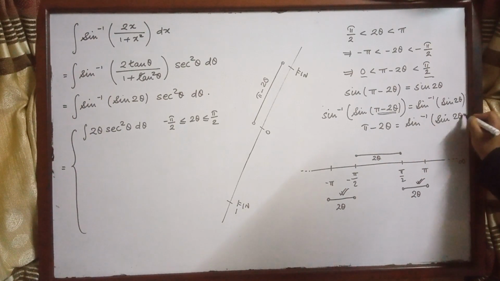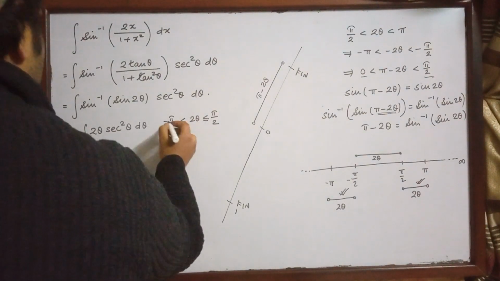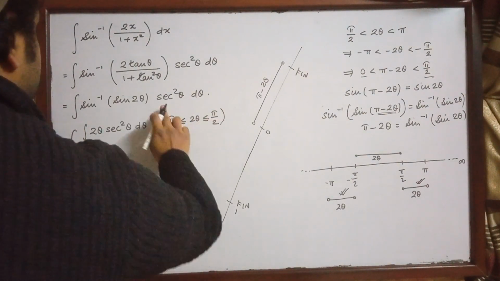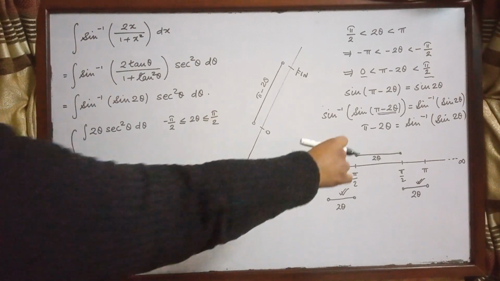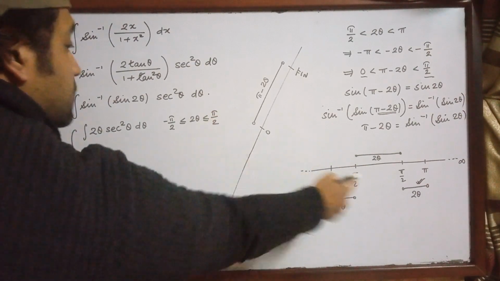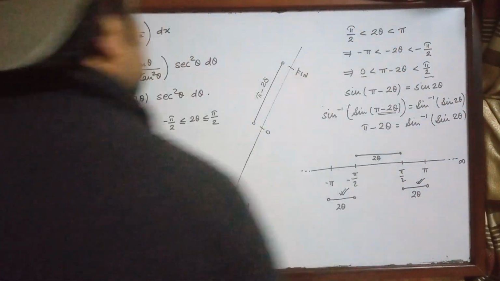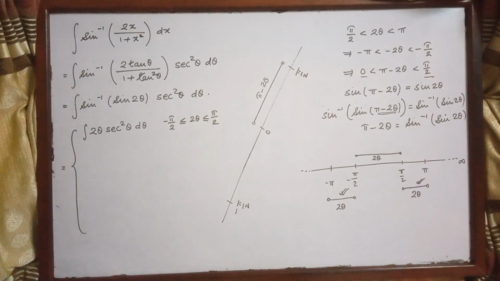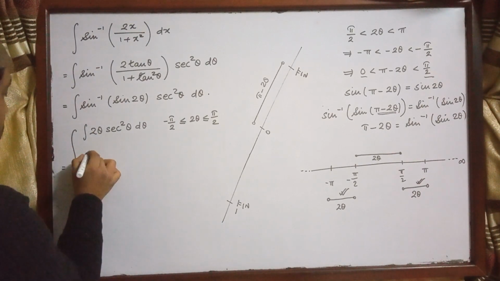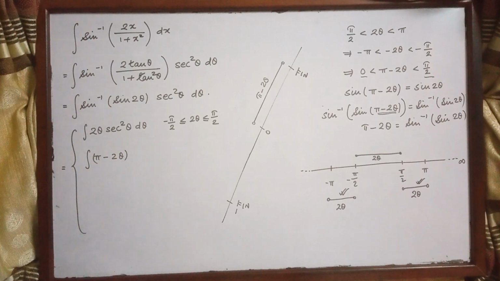So what we get is that under this condition, sine inverse of sine twice theta is equal to pi minus twice theta.